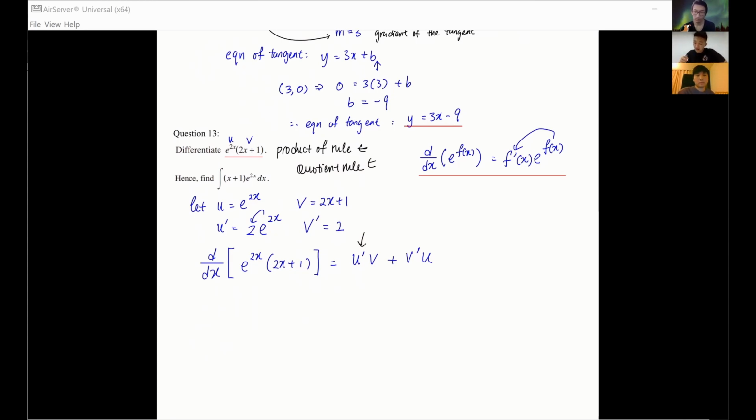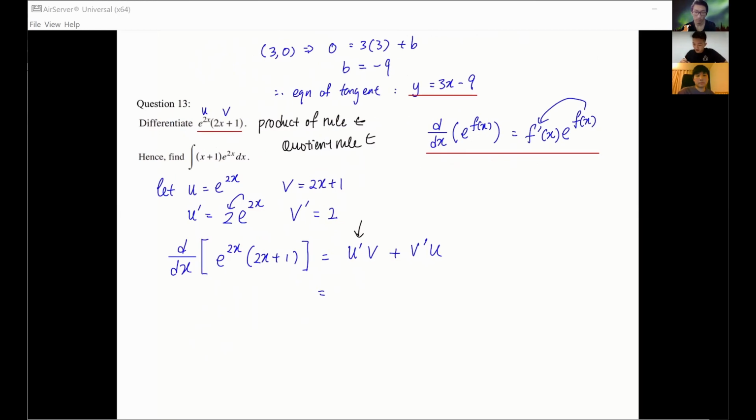So now you can just copy down. u dash is 2e to the 2x multiplied by v, which is 2x plus 1, plus v dash, which is 2, and u is e to the 2x. Now, we can see that you have 2e to the 2x here and 2e to the 2x here.